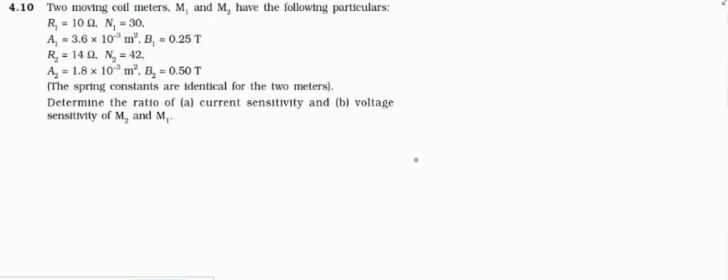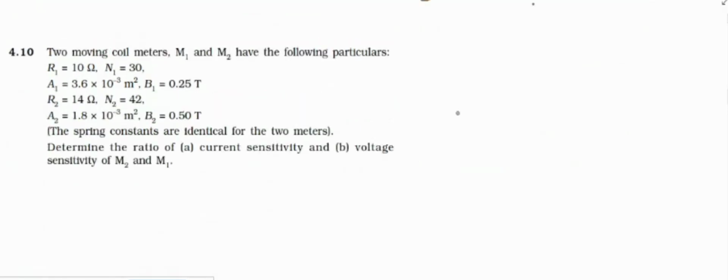Question number 10. Two moving coil galvanometers, M1 and M2, with the resistance, area, magnetic field, all these factors are given in the question. Now, we are asked to determine first the ratio of current sensitivity and second the voltage sensitivity. So for the current sensitivity formula, I am going to take IS1.